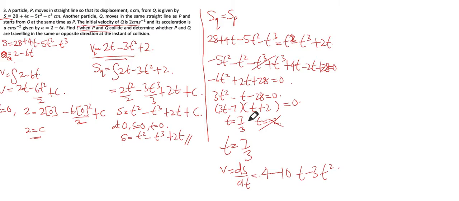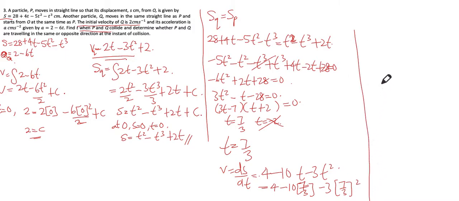What direction? So now I can take t equals 7 over 3 and substitute: 4 minus 10 times 7 over 3 minus 3 times 7 over 3 squared. The answer that I had earlier was 4 minus blah blah blah.